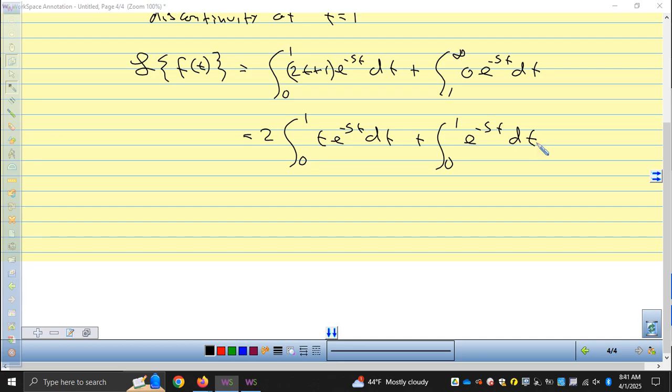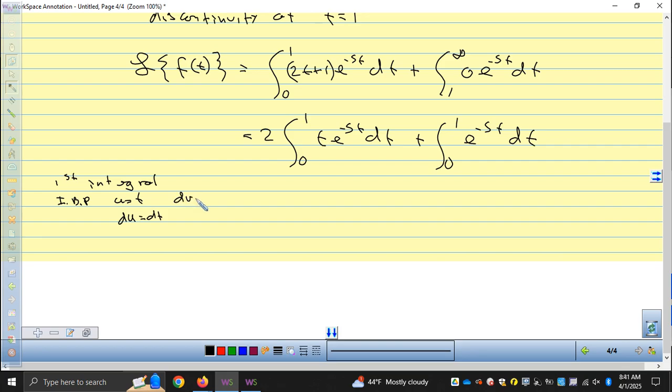So for the first integral, we have integration by parts, which if we've worked on the homework, we see comes up a lot in Laplace transforms. u is t, du is dt.